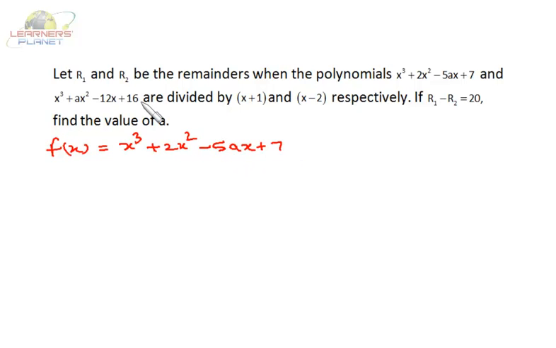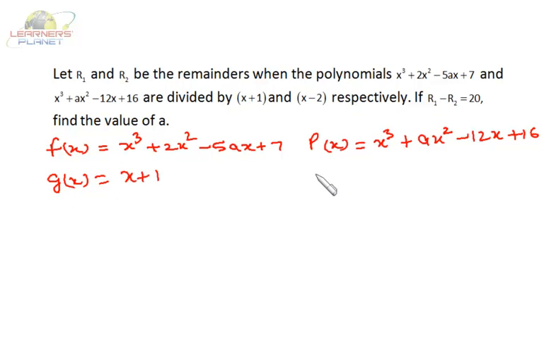And let's assume this polynomial to be p(x). So p(x) is equal to x³ + ax² − 12x + 16. Now let's assume this to be g(x) and this to be h(x). So g(x) is equal to x + 1 and h(x) is equal to x − 2.